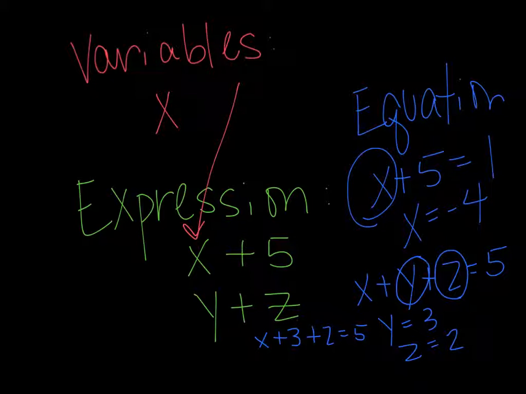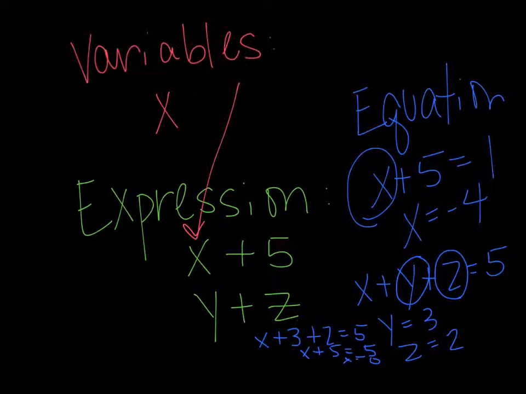So that equation is basically a statement of X plus 5 equals 5. So you know the only thing plus 5 that equals 5 is 0. So X must be 0. That's an example of an equation.